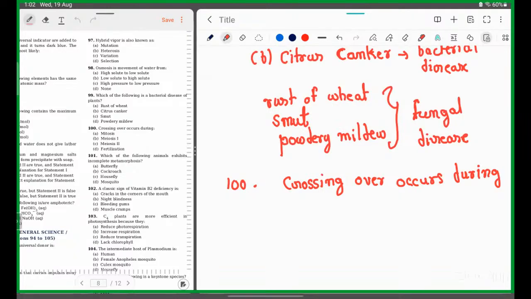So mitosis, option A, will not be there. First we have to learn what is mitosis and what is meiosis.